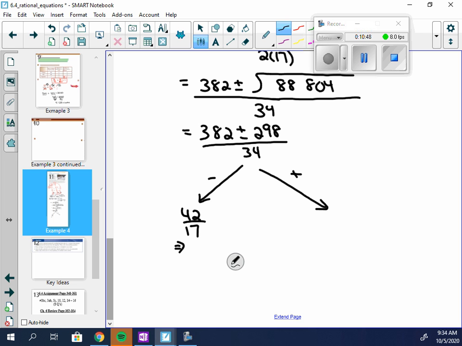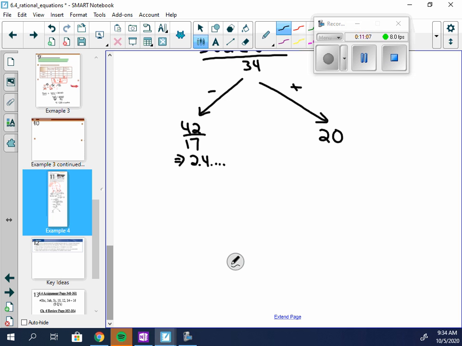Okay, which is actually how much if you had to round it? So what is 42 divided by 17? 2.4, and so on. Okay, what's the answer when you add them? 20, good.